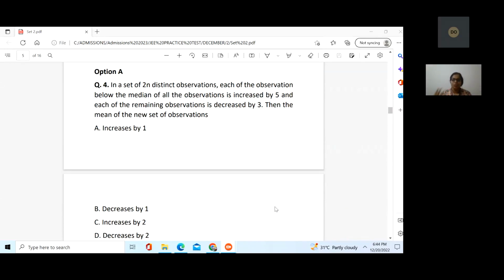So what you want to do is refresh all the formulas and all the topics you have studied. So please understand it's okay if you're not able to solve it the first time. Just try solving. Maybe after one or two sessions, you'll be able to do it, or you'll be able to start it on your own. So yes, I think you're solving the question.